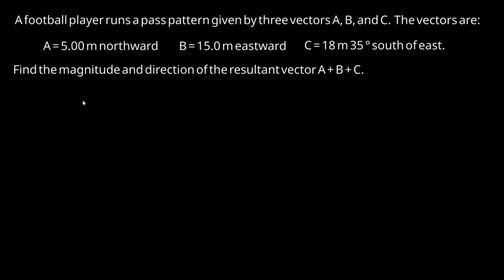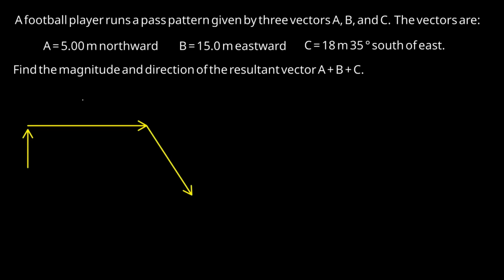Okay, let's see if we can draw this. So he's going to run first 5 meters to the north. Then he's going to go 15 meters eastward. Then he's going to go 18 meters, 35 degrees south of east.